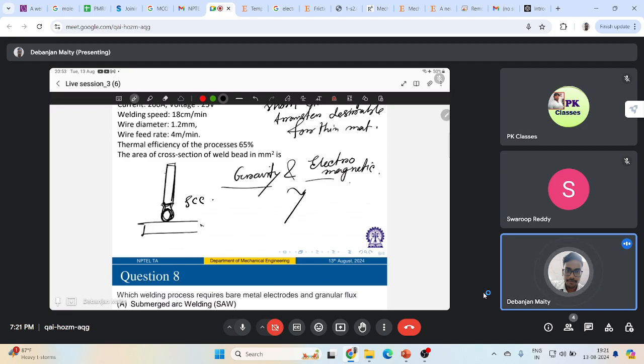So if this is my electrode, and if this is my arc, this is my workpiece. So one will be gravity force, one will be surface tension force.